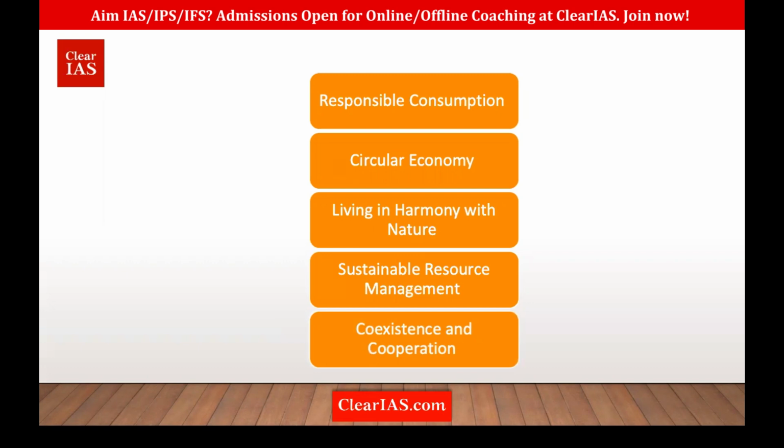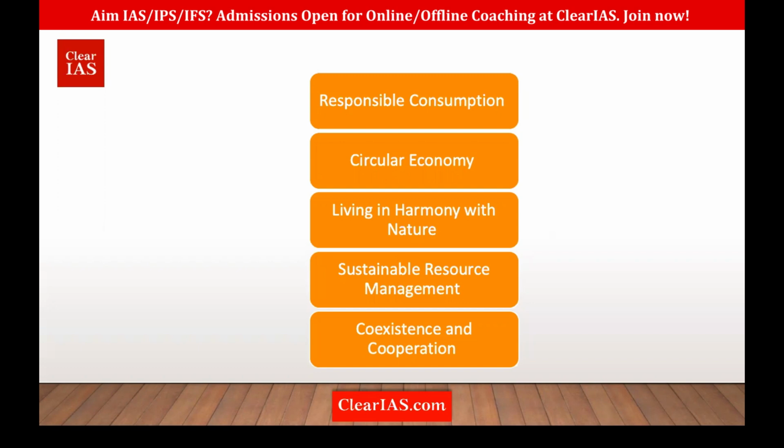This could be achieved when all the countries come together. Okay, so these are the major outcomes of the UNDP, MoEFCC compendium. So India is asking for responsible consumption, circular economy, living in harmony with nature, sustainable resource management, and coexistence and cooperation.